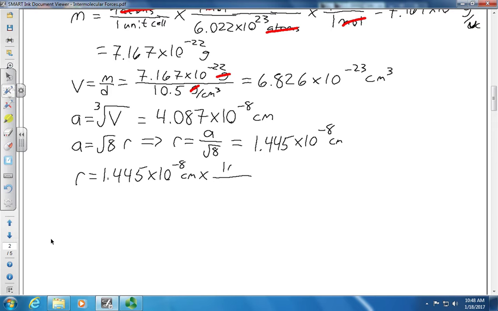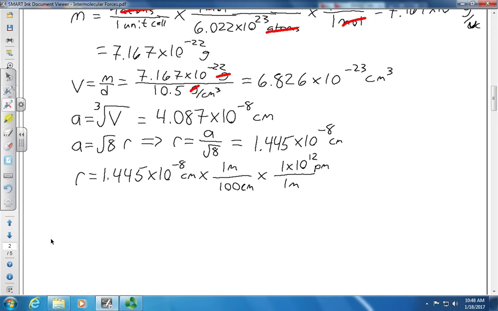And for every 1 meter, there are 100 centimeters, and there are 1 times 10 to the 12th power picometers per every 1 meter.